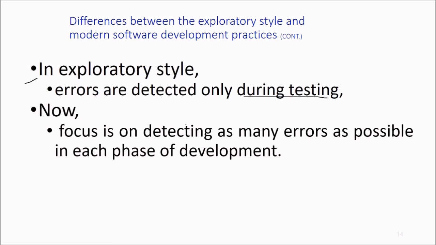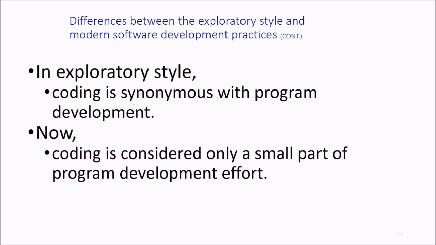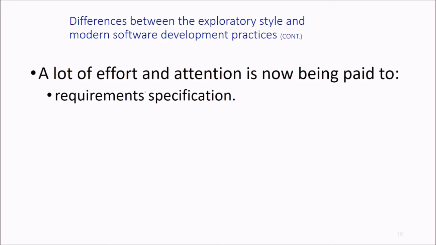But now the focus has shifted to finding as many errors as possible in all stages of development. In the previous style, coding was synonymous with program development, but now coding is considered only a small part of the program development effort. As I just indicated, it takes least effort if the other efforts are made properly.